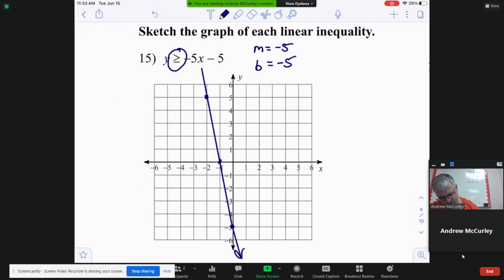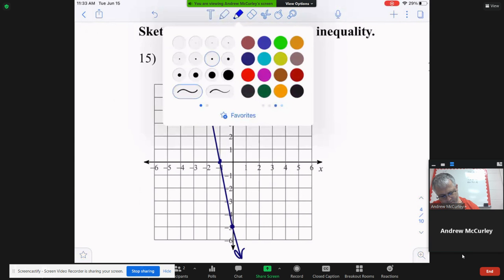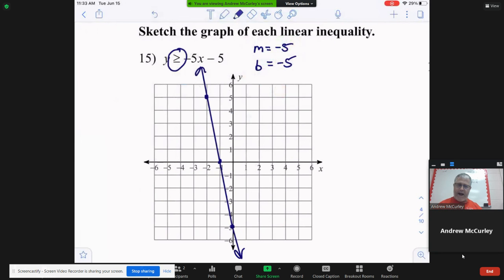Now the second question is, where are we going to shade? All right, so here's what we have to do for that. I don't want you to think about the way sometimes teachers will say pick a point and decide if it works or not. I want you to think about it up or down. So if we're shading greater than, well, what does greater mean?